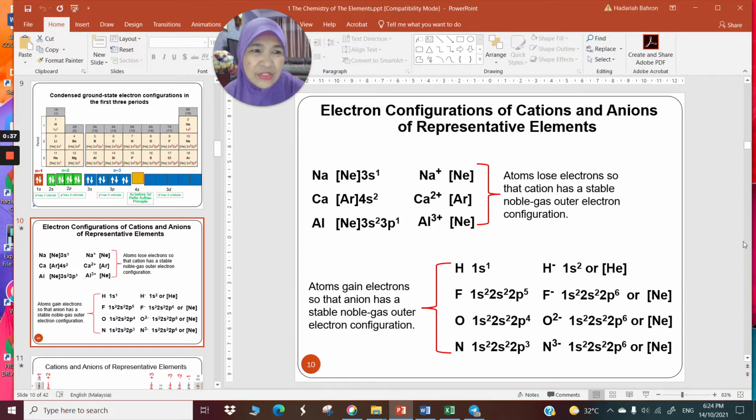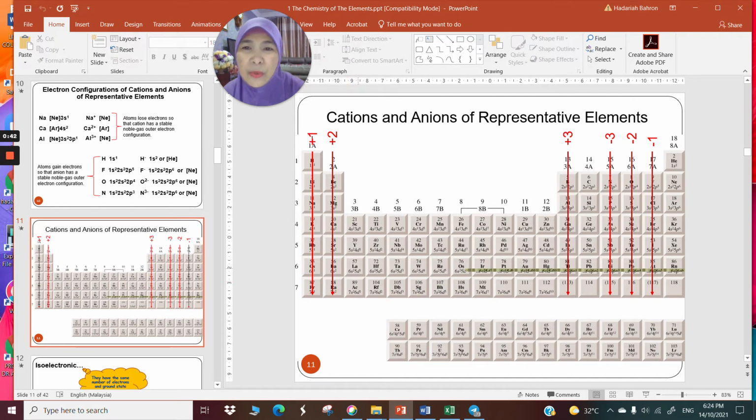So as such, we will always find that elements in the first group will have a charge of +1 because they lose one electron to look like noble gases.